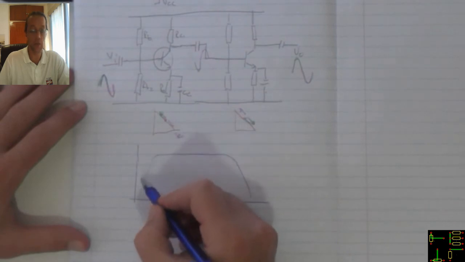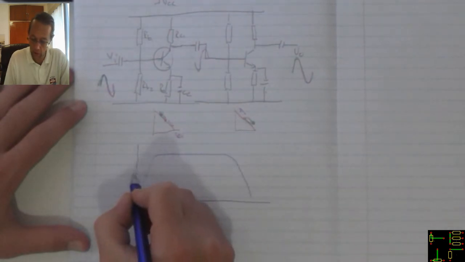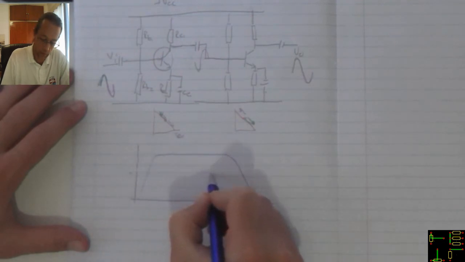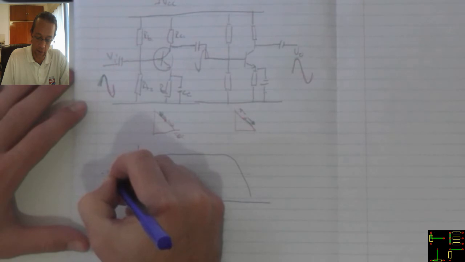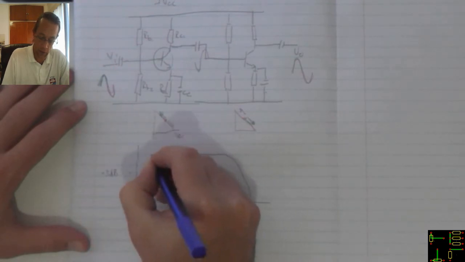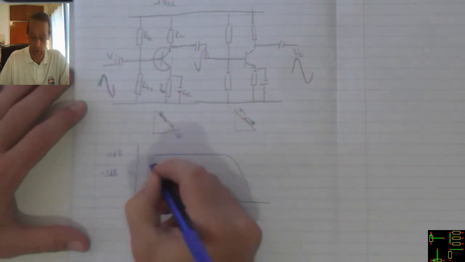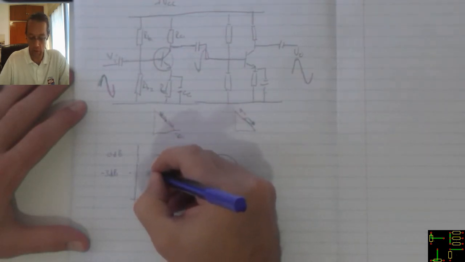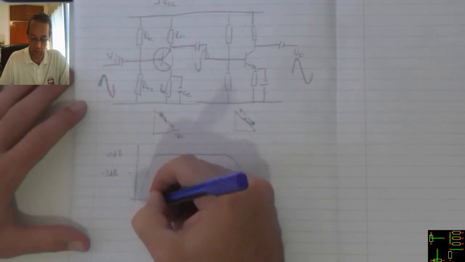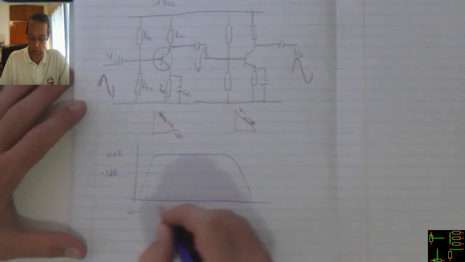You've got low frequencies on this side, you've got high frequencies on this side, and then over here is my half power level. That's -3 decibels. That point there is 0 decibels. That's the maximum power that we're going to get. So anything below that level we're not going to look at.